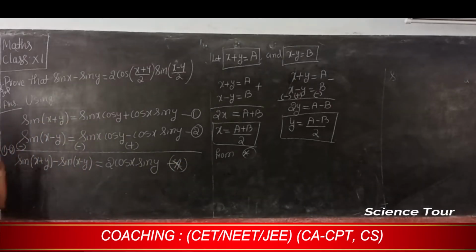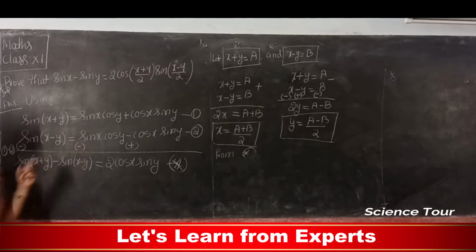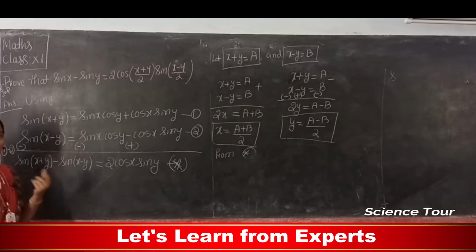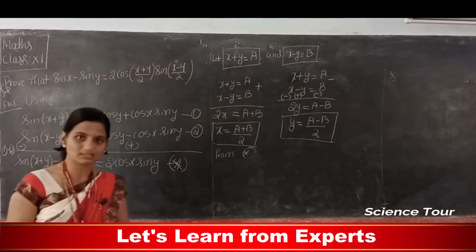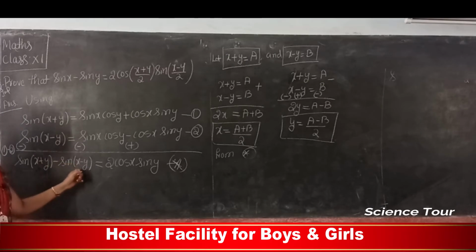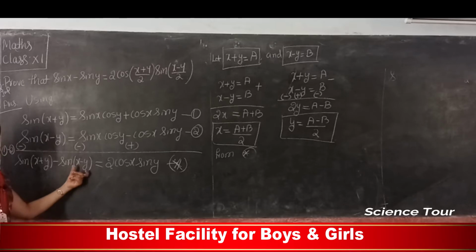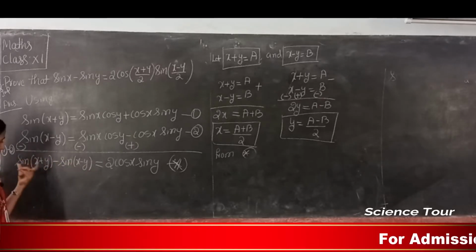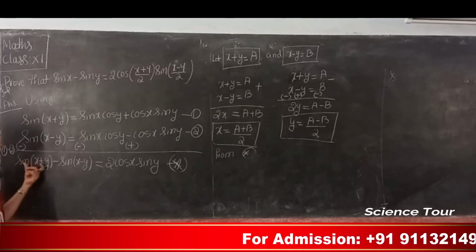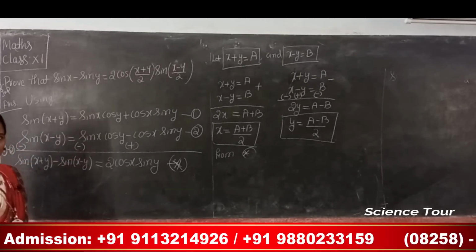So now next, what is the method? Replace x plus y as some variable other than x and y. You can replace it by capital X and capital Y, because here the given are small x and y. Or you can replace x plus y as A, x minus y as B. Or you can replace x plus y as theta and x minus y as phi.